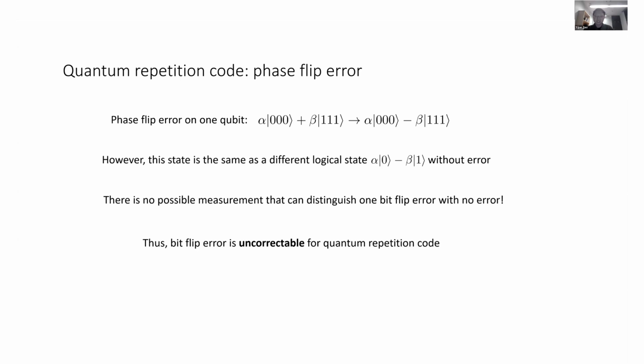So since the state is the same, there's no possible measurement that can distinguish one phase flip error from no error, because the state becomes the same after one phase flip error and after no error, but with another logical information. So thus we can conclude that the phase flip error is not correctable for the quantum repetition code.